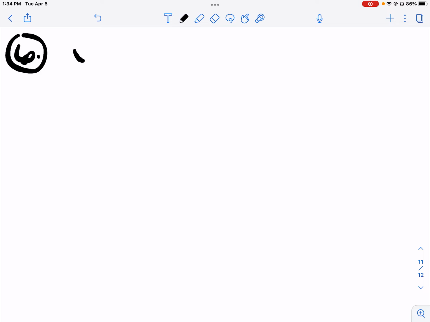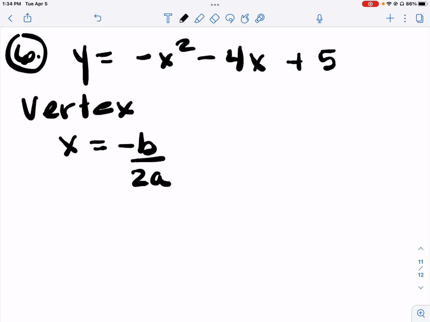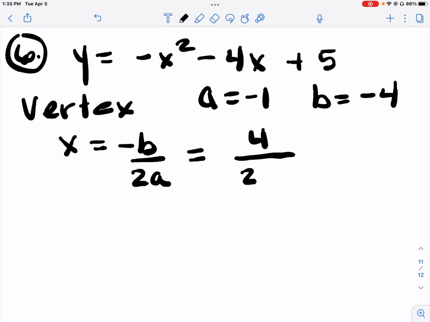Number 6 is also a parabola. Okay, we want to graph, so we want to find our vertex. A is -1, B is -4. So negative B means the opposite. The opposite of -4 is 4 over 2A. 2 times -1 and 4 divided by that.